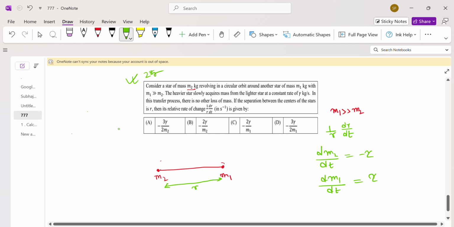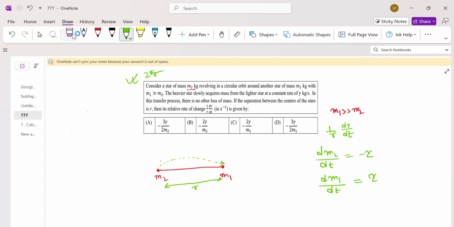So this m2 will get divided into fragments, and those fragments are going to land up on m1, and that's how the mass of m2 will decrease and m1 will increase as time goes along.